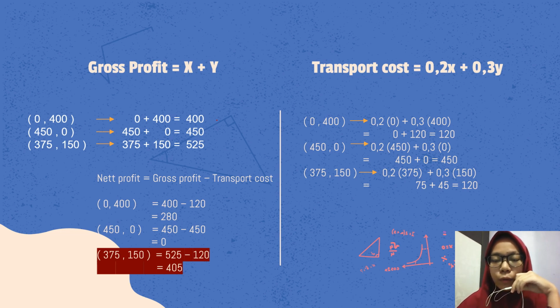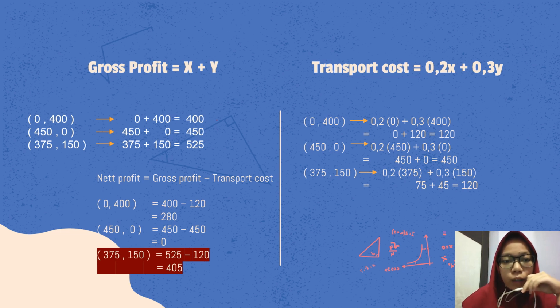And next, we find the transport cost. If the corner is 0, 400, the transport cost is equal to 120. If the corner is 450, 0, the transport cost is equal to 450. And if the corner is 375, 150, the transport cost is equal to 120.